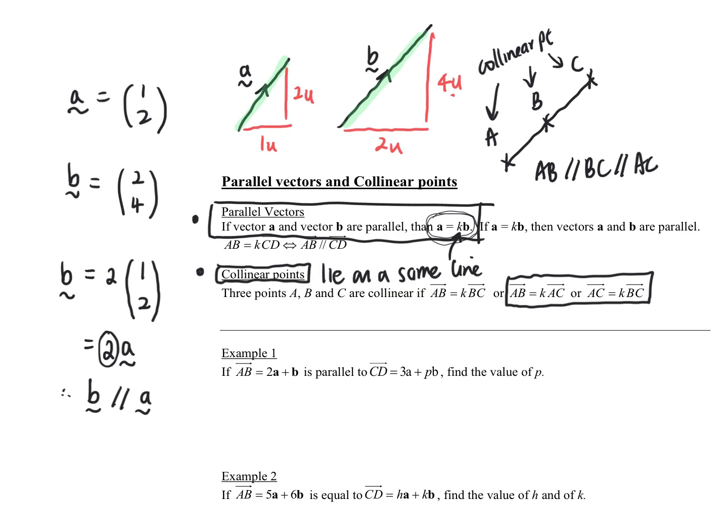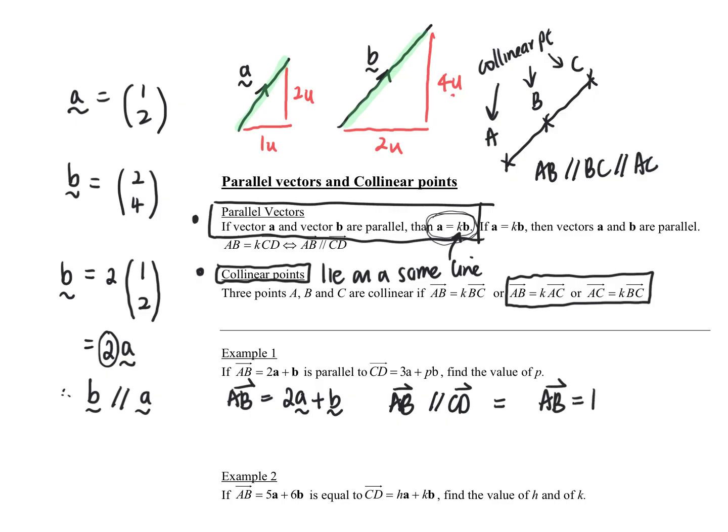Okay, next one. If AB is 2A plus B, that means they tell me this. 2A plus B. Okay, and it is parallel to CD. So just now we mentioned that if they are parallel, we can say that they are ratios of each other. So I can write this.